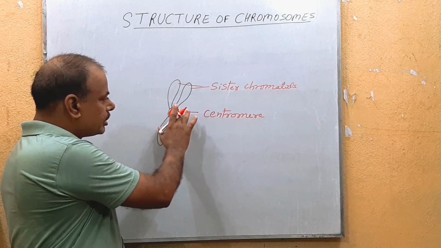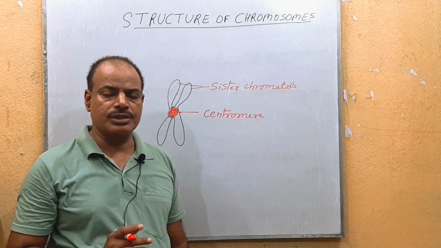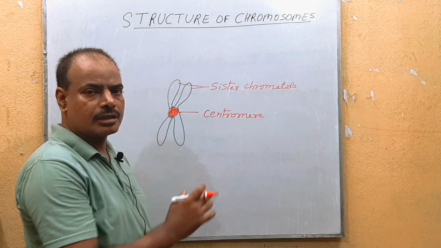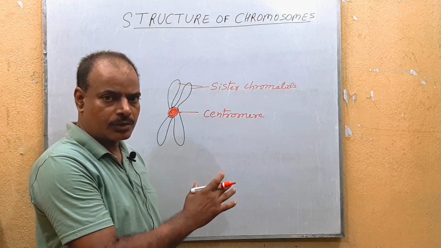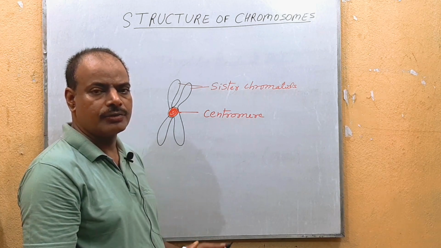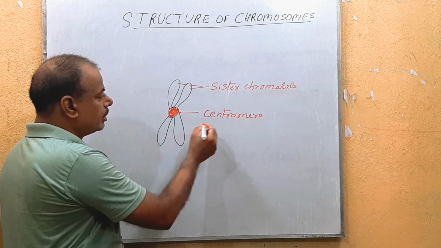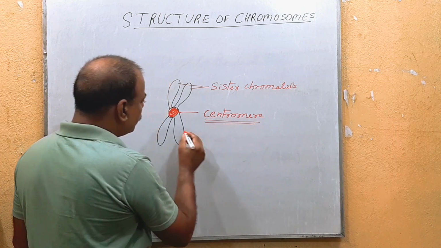So the centromere is the point of contact between two sister chromatids, and chromatids are the two longitudinal structures of the chromosome which are connected with each other by the centromere.